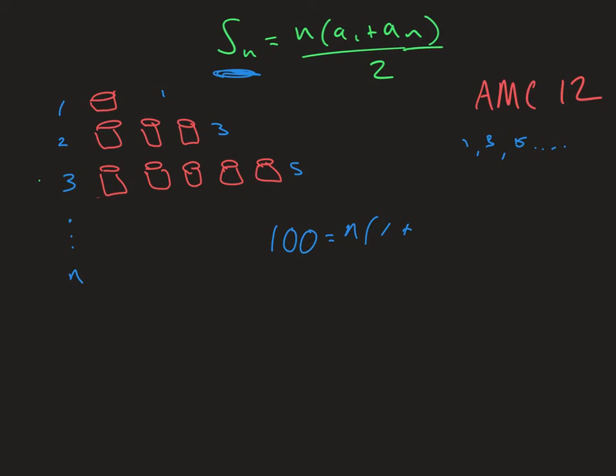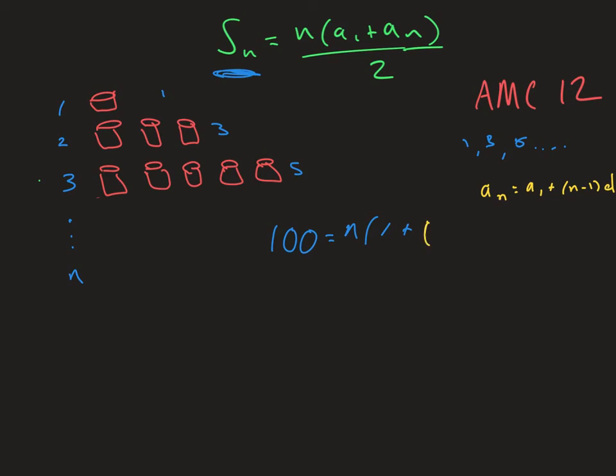Well, we don't know exactly, but what we do know is that we can write a sub n as a sub 1 plus n minus 1 times d. Well, we know a sub 1, we just wrote it.